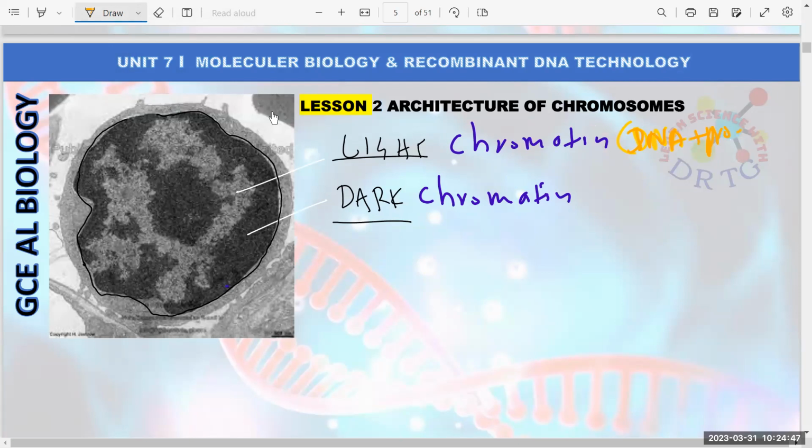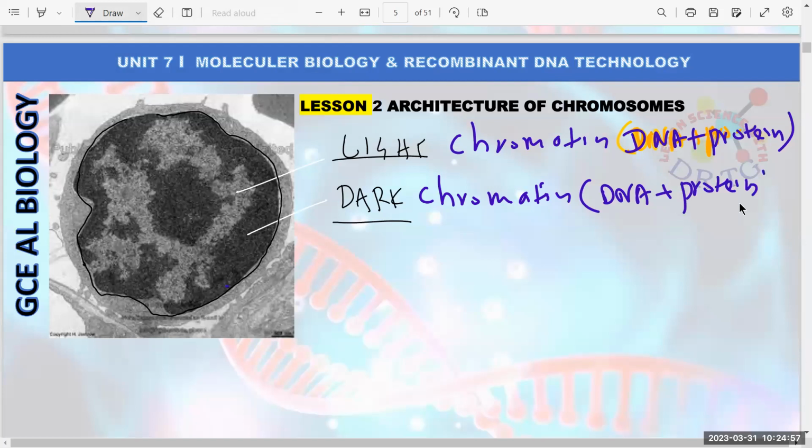Sometimes people write DNA plus the name of the proteins. There are different proteins, but for the abundant, common protein, the name is given: DNA plus the common protein in the chromatin.